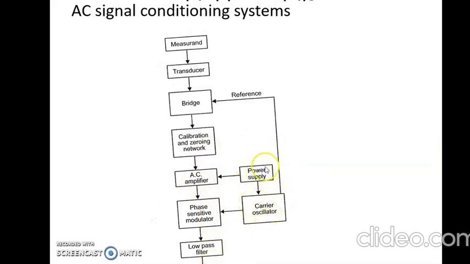Here there is an AC source which is given to a carrier oscillator which gives a high frequency AC supply.